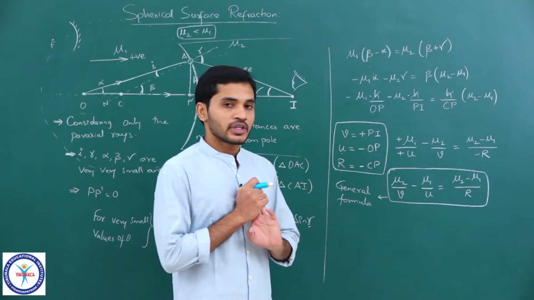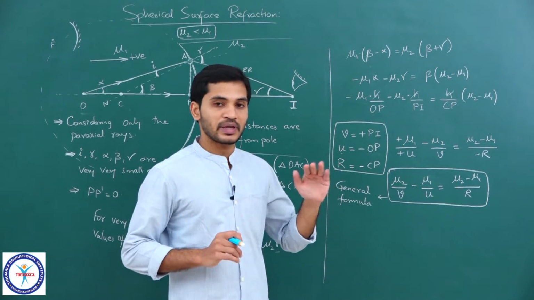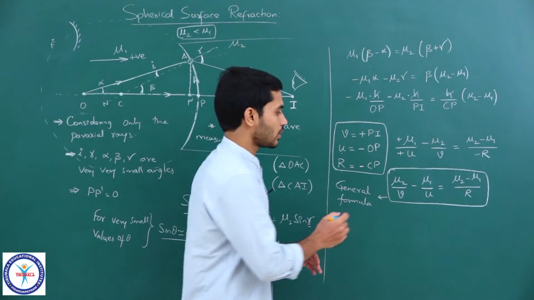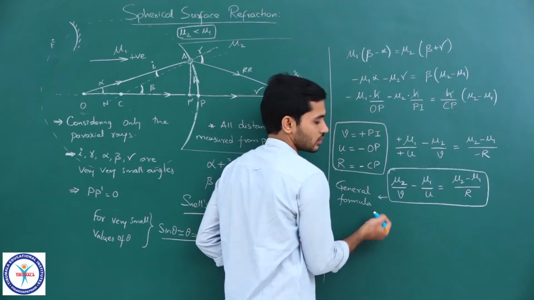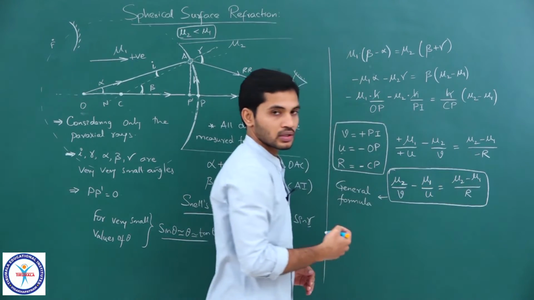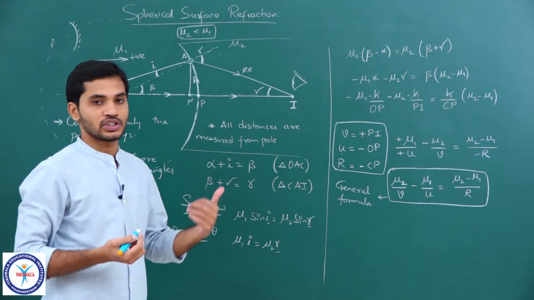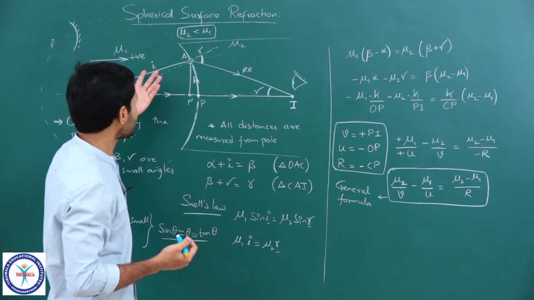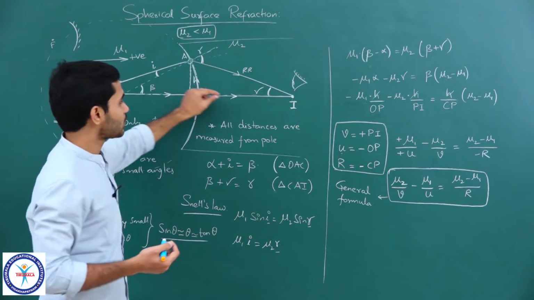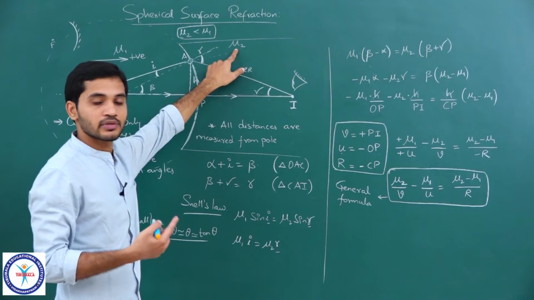Now, there is one important thing which you will have to keep in mind. I have told you this during plane surface refraction also. Sometimes it is better instead of remembering them as 2 1 2 1, it is better if you remember them as final medium and initial medium, because sometimes let us say if the object is placed here and if this is still called as mu 2, then what will you do?